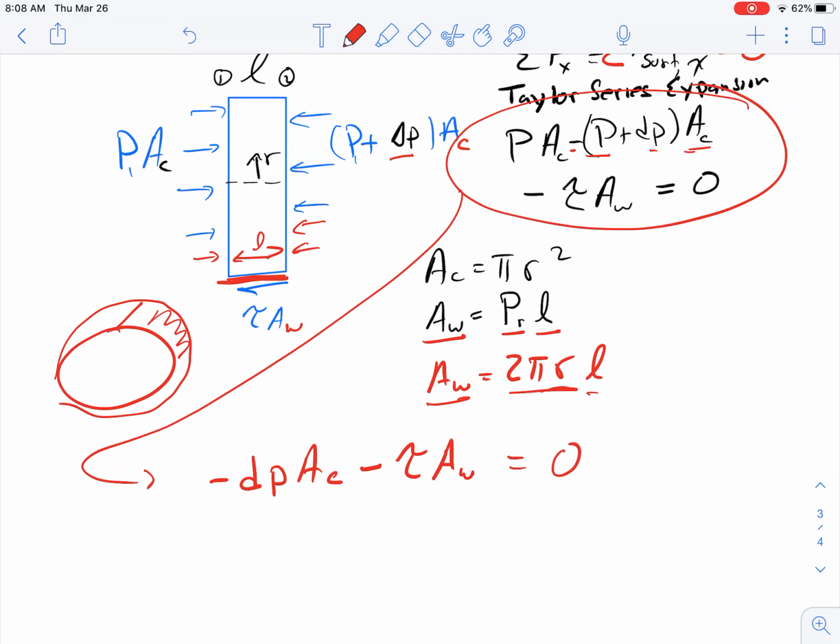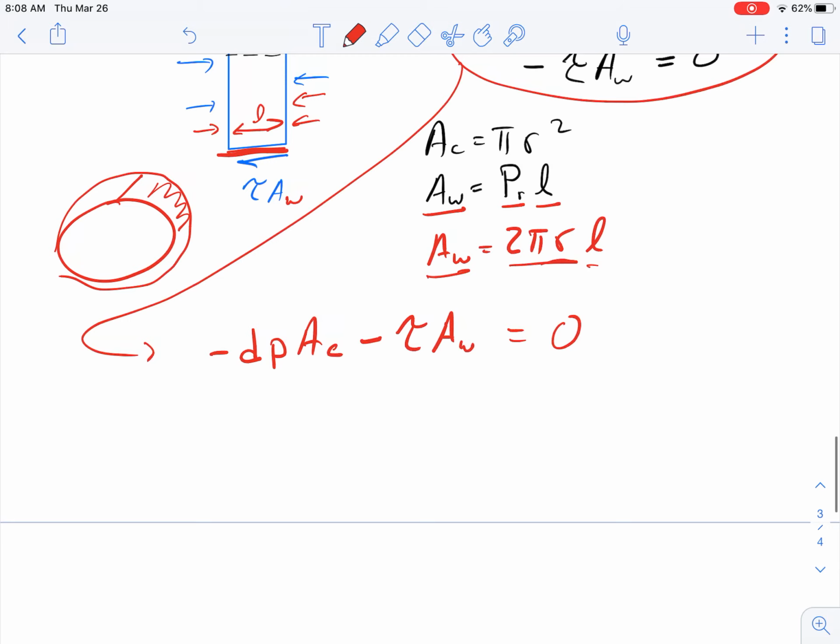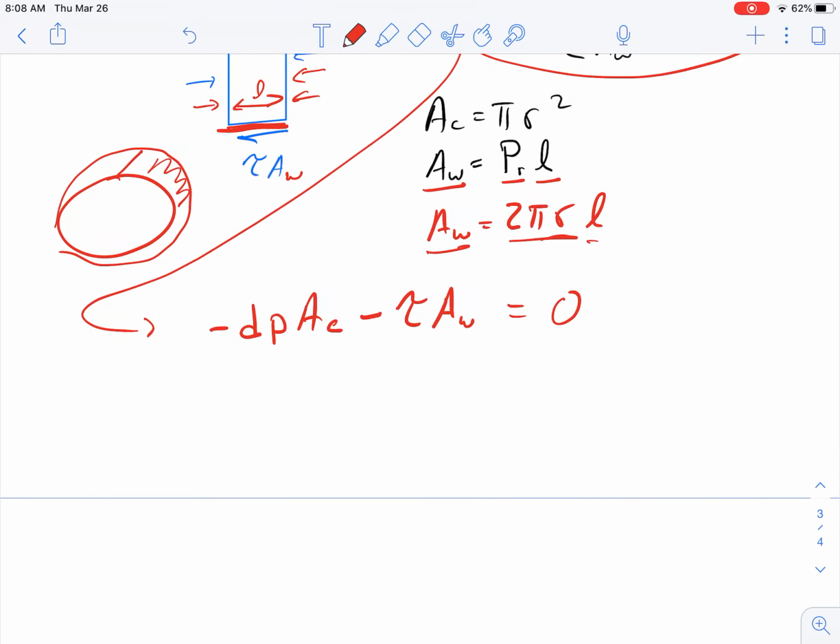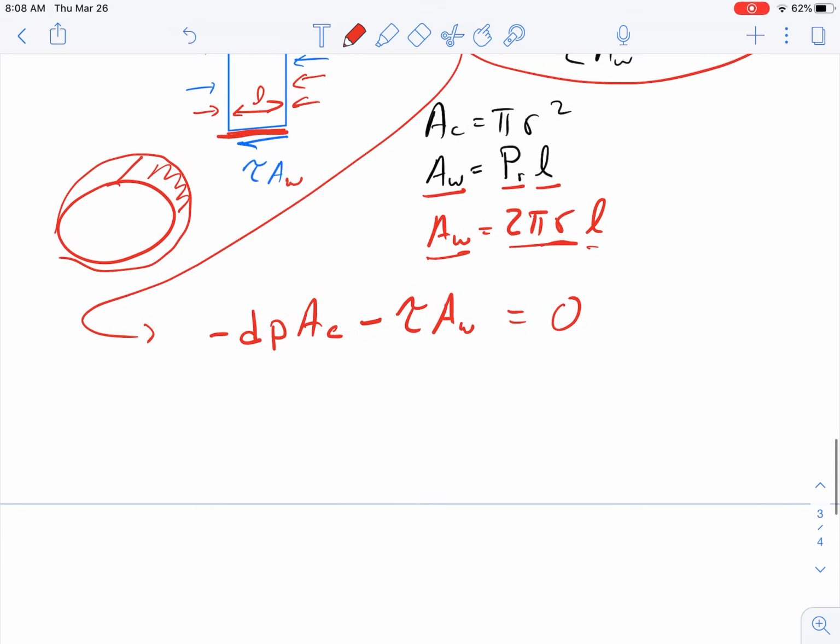And that's all equal to 0. And so we can think about how this might be simplified a little bit more.